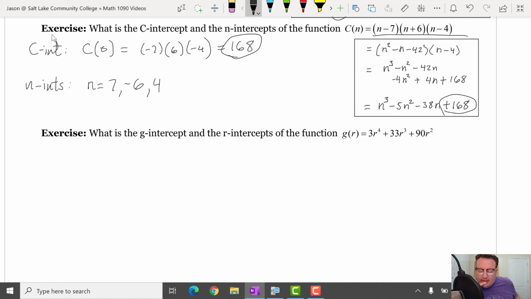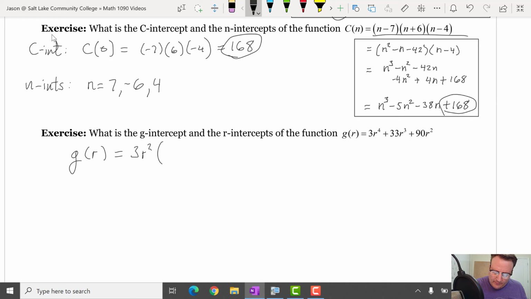Now this function is not given to us in factored form, and to find the r-intercepts here, r is the independent variable, we're going to have to factor the polynomial. So g of r, let's see, every single term has a factor of 3 in it, and at least r squared. So I can factor 3r squared out of all terms.